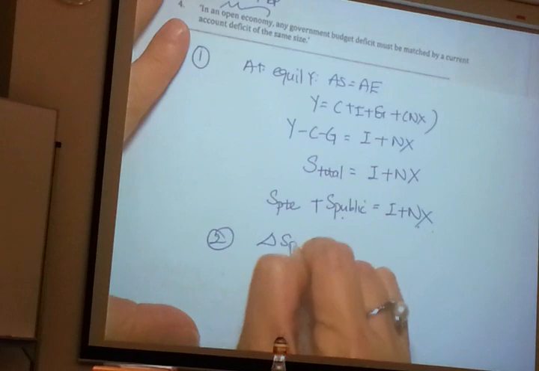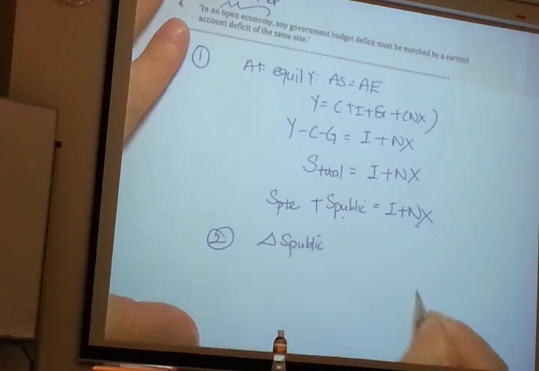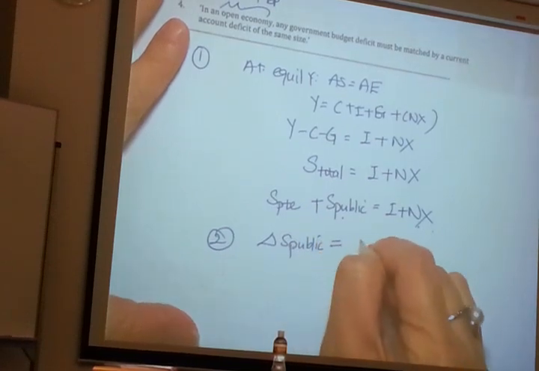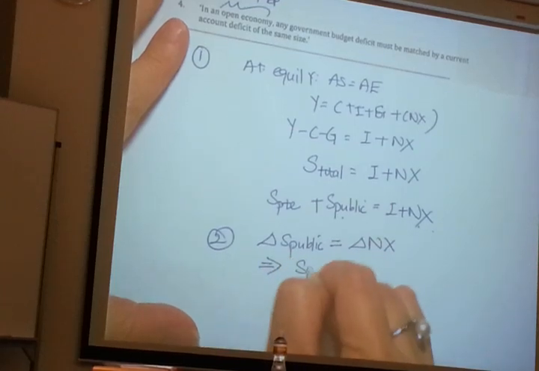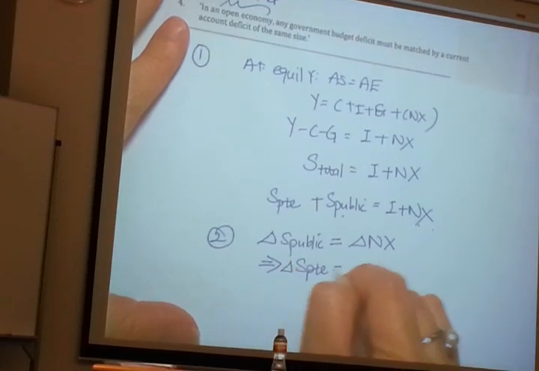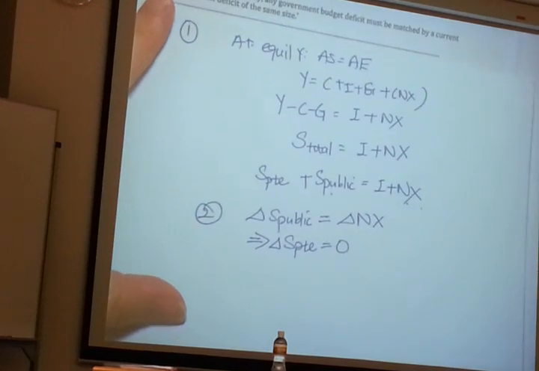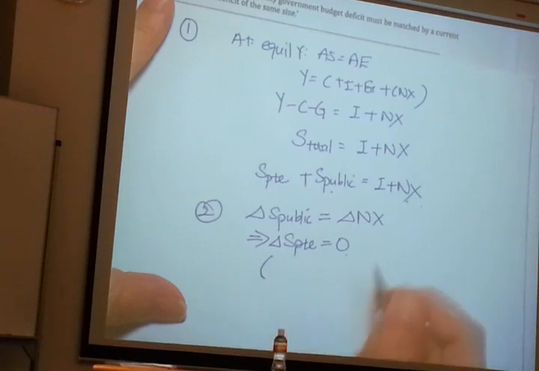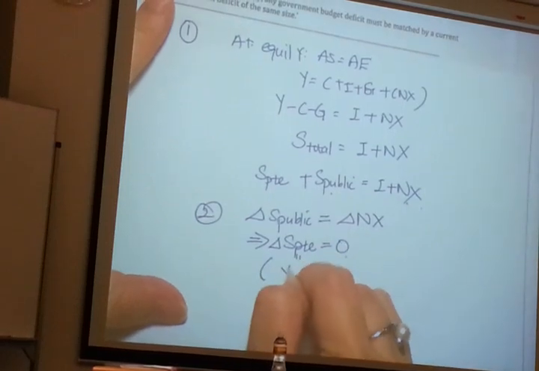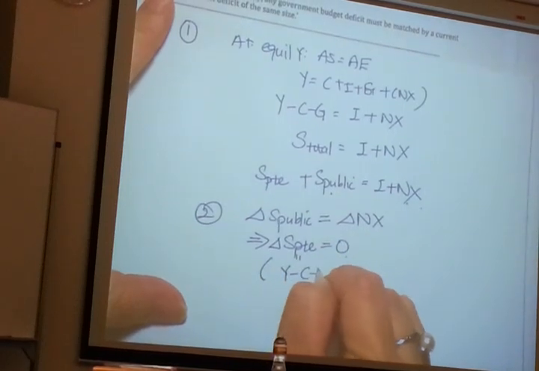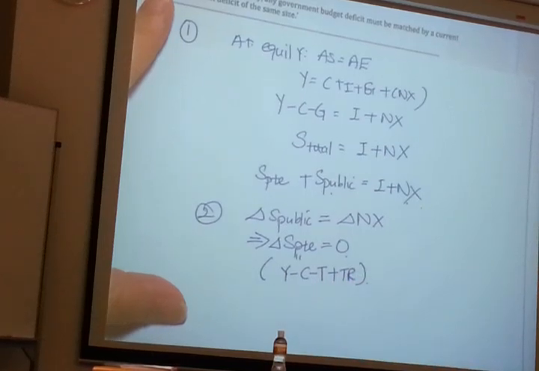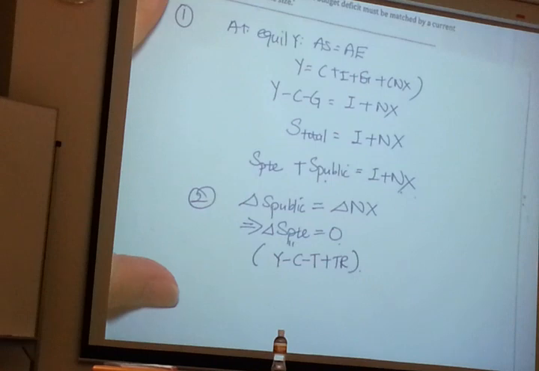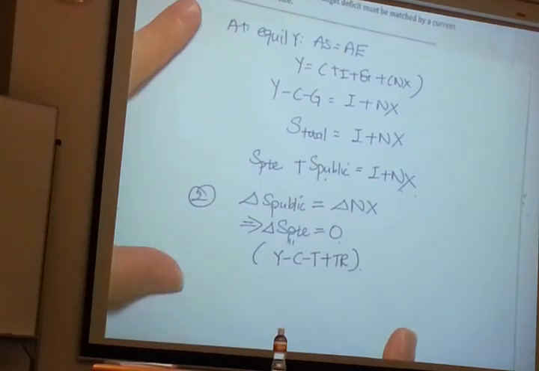If you want change in S public to be exactly the same as change in NX, this implies change in S private is 0. That means S private, which is Y minus C minus T plus TR, you want all of them to be unchanged.